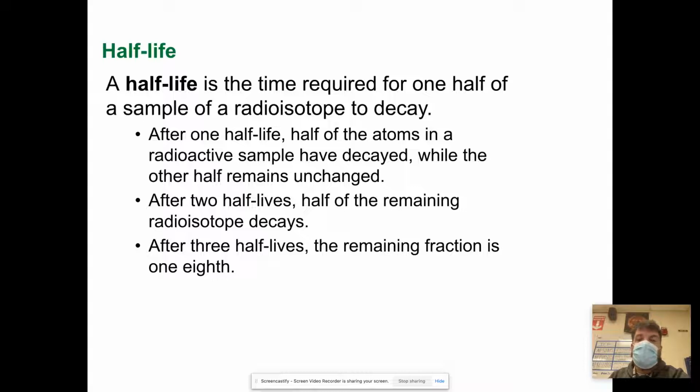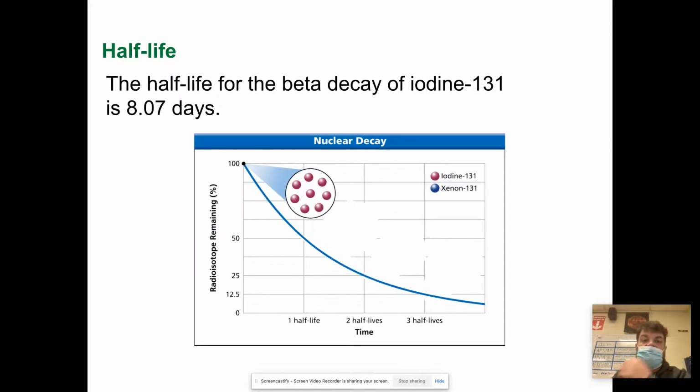After 2 half-lives, half of the remaining isotope decays. After 3 half-lives, the remaining fraction is 1/8. Okay? So a half-life is the amount of time it takes for half of the radioactive material to decay to half. Okay?